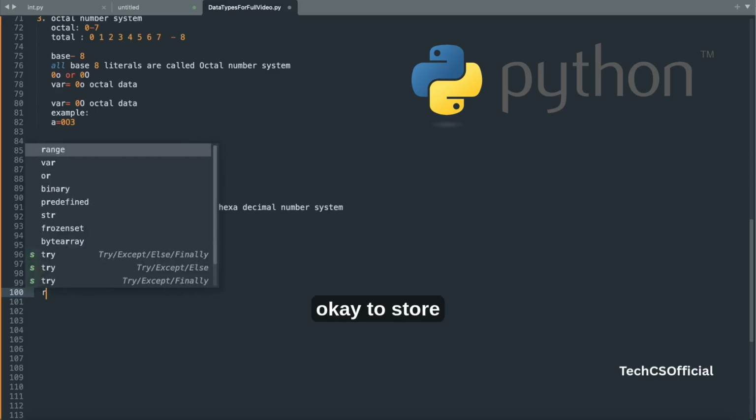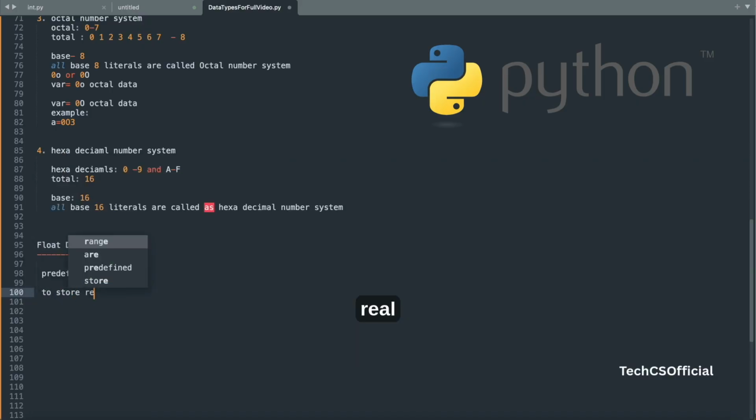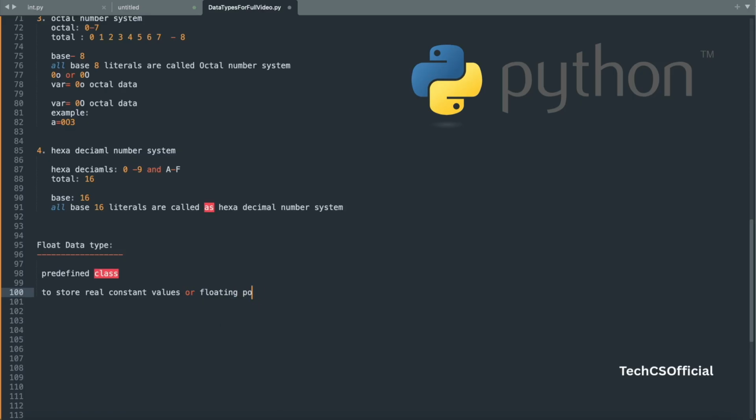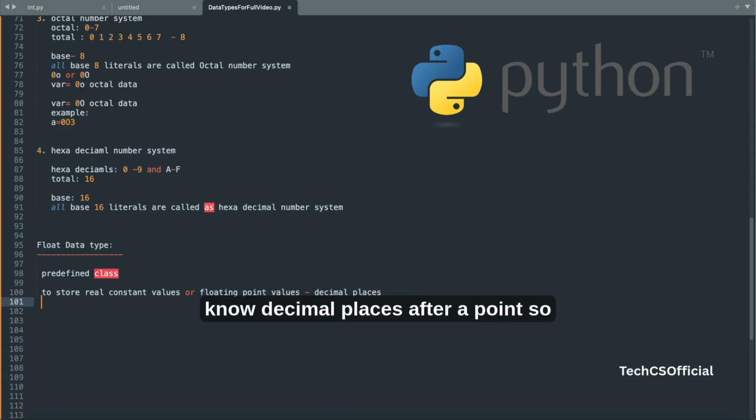Okay, to store real constant values or floating point values, or we can say decimal places after a point.